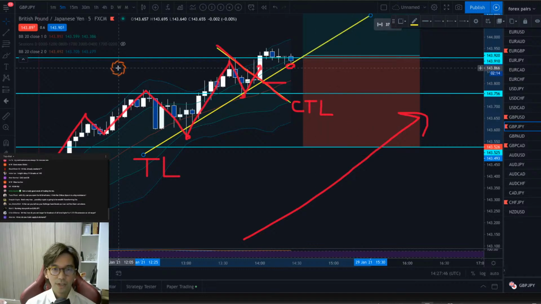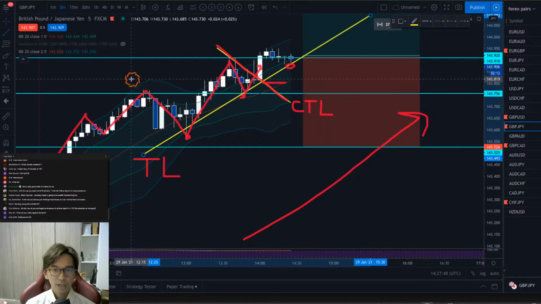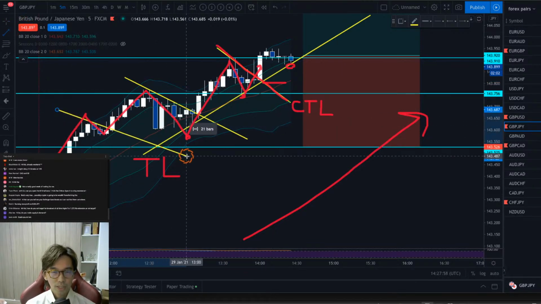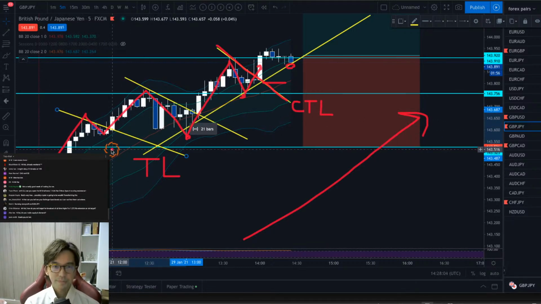For example, over here too, you can draw another Canna trend line like this. Retracement, you draw the Canna trend line and breakout. Over here too, there is a shallow retracement, and you can draw the Canna trend line this way.